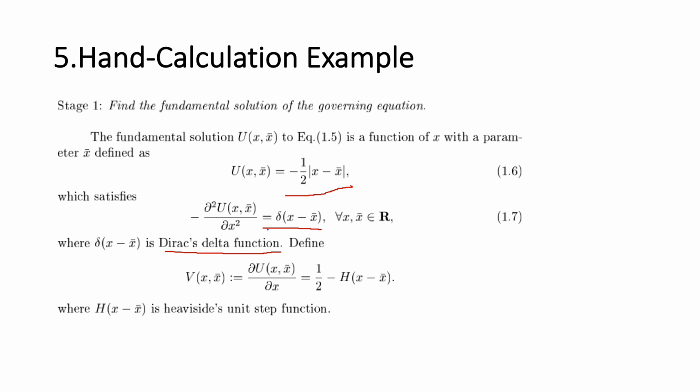Also we define v(x, x bar) as the partial derivative of u with respect to x, which is equal to negative 1/2 times h(x minus x bar). This is a Heaviside unit step function. It's also an important tool in applied mathematics. It takes the value of either 0 or 1.